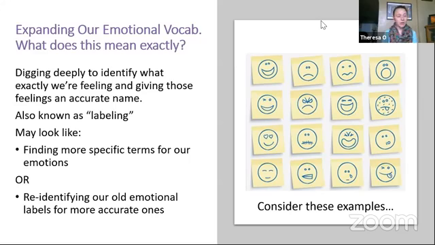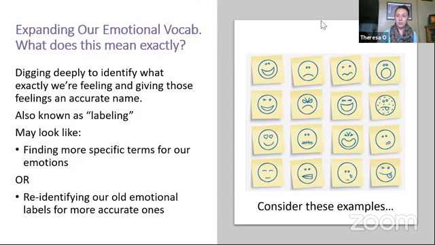So when you're working on expanding your emotional vocab, it's a process of digging more deeply to identify exactly what you're feeling, and giving actual, accurate names to what those feelings are. So this could also be defined as labeling. Sometimes this will look like giving a more specific term to a feeling, an emotion, an experience.